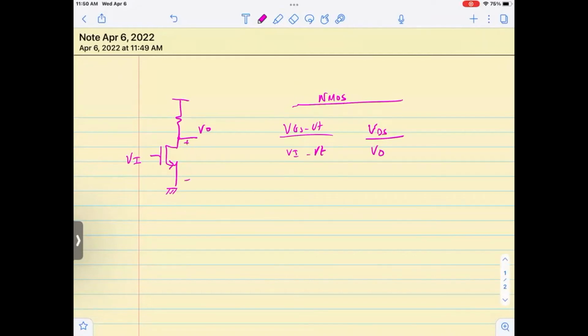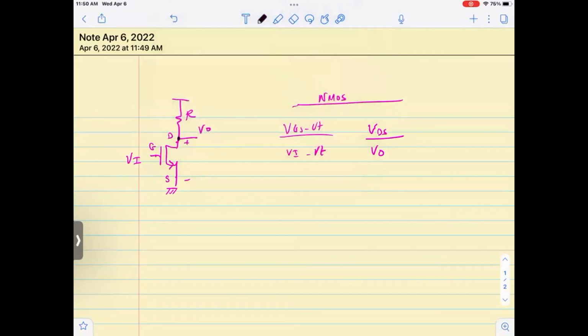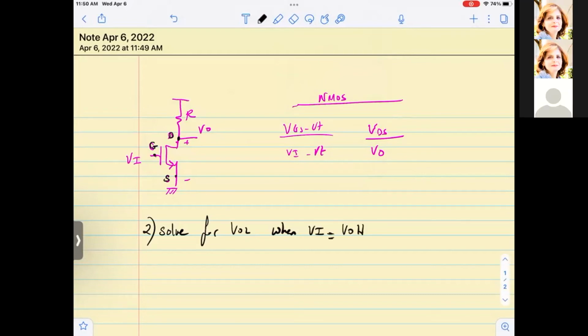Because this is the drain, this is the source and this is the gate of the transistor. And this resistor value is R. So this is D, G, and S. Now I want to solve for VOL when Vn equals VOH, or when Vn equals VDD.